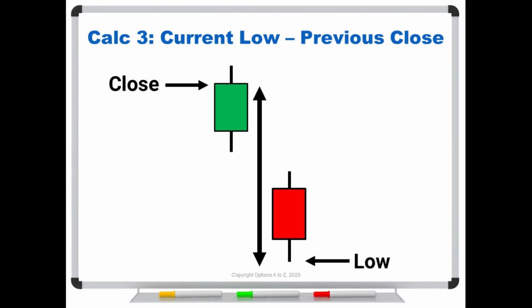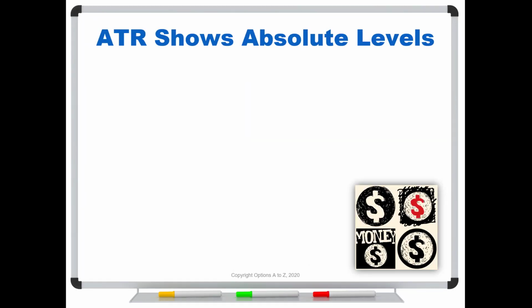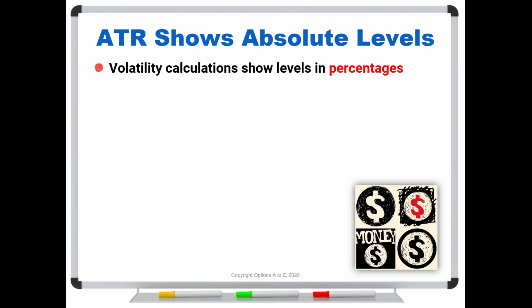So while the average true range does capture more of the gaps than traditional volatility, there are some limitations of it. And probably the biggest is that the ATR shows only the absolute values. So your normal volatility calculations, such as the VIX, show levels in percentages. So you might see that it's a 20% volatility or a 30% volatility. It's as a percentage.